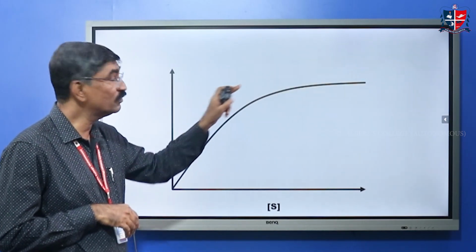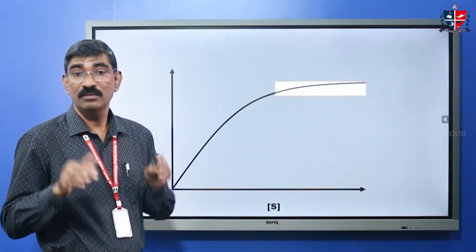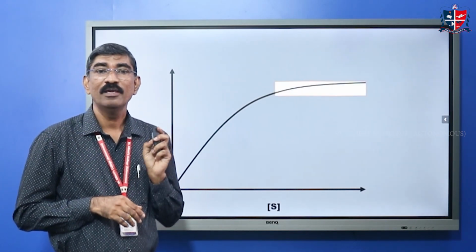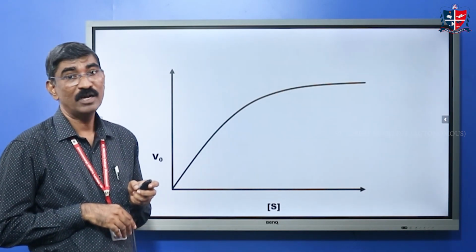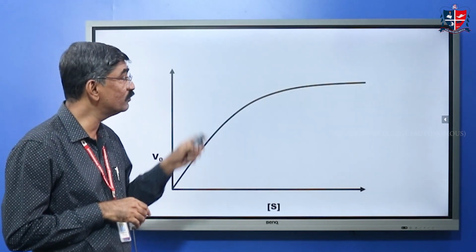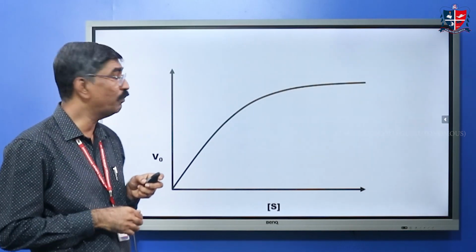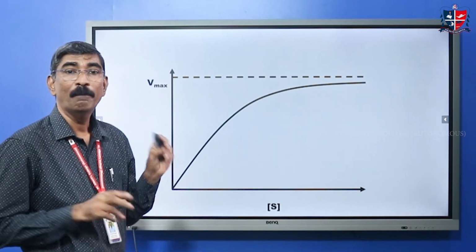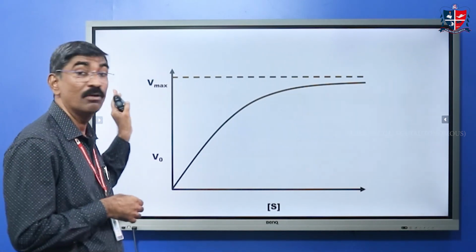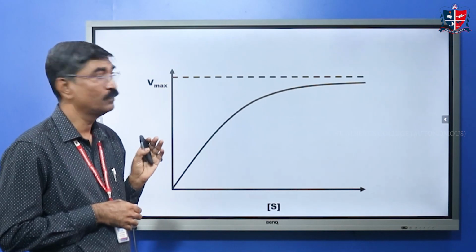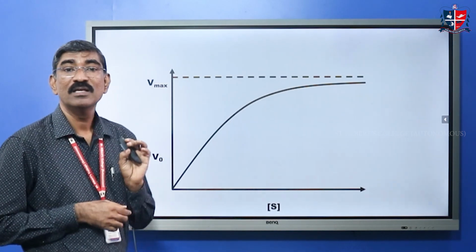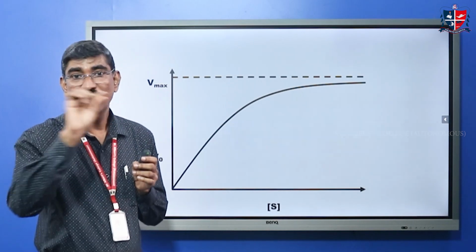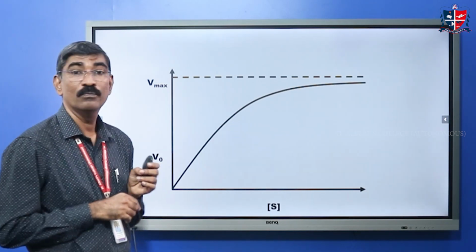And this may appear to be the maximum velocity that can be achieved by this enzyme. But actually the maximum velocity is not this; it is slightly above this, and this dotted line represents the maximum velocity, that is Vmax. This Vmax is a hypothetical value.